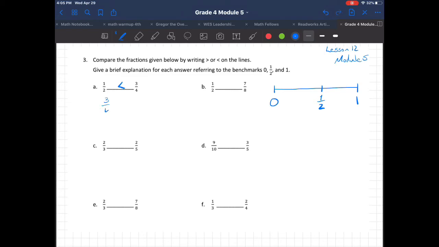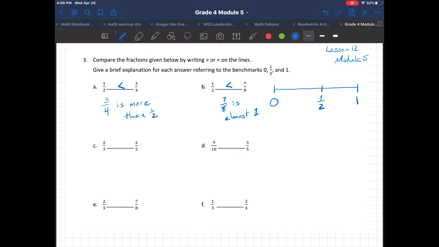3/4 is more than 1/2. Half and 7/8. 7/8 is close to 1. I'm just going to write 7/8 is almost 1. 2/3 and 2/5.